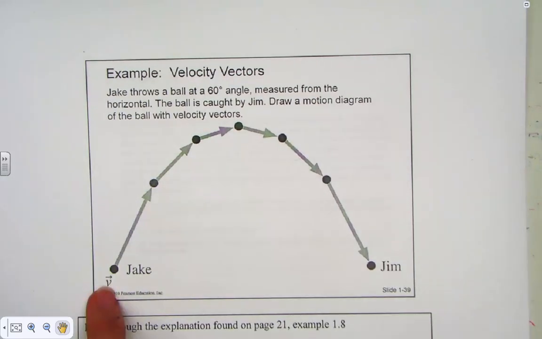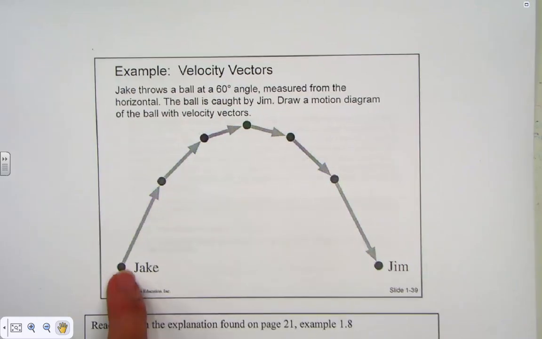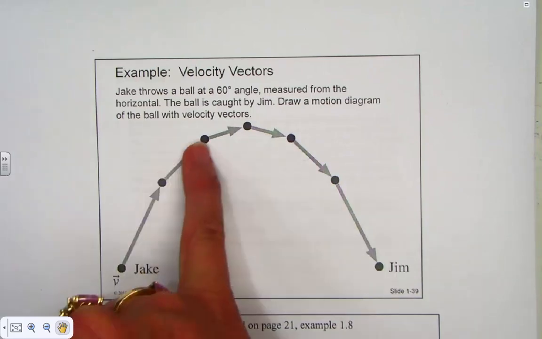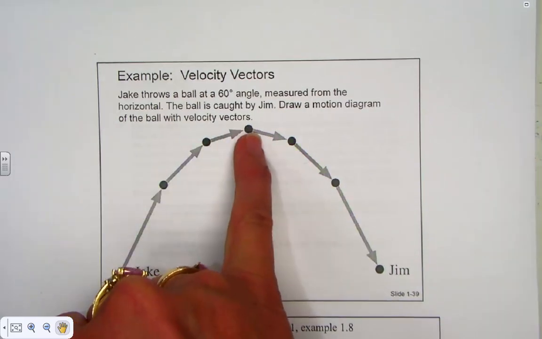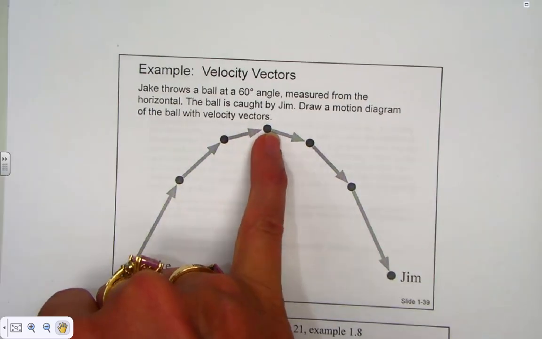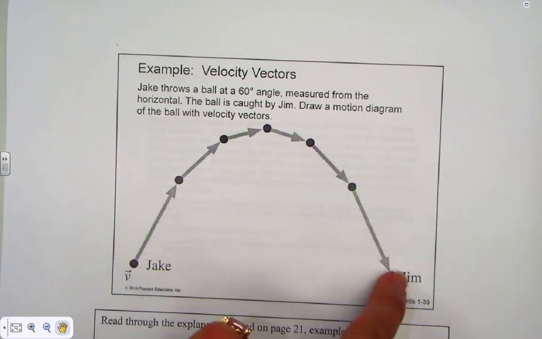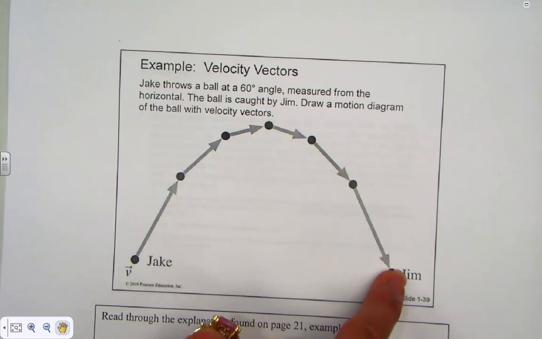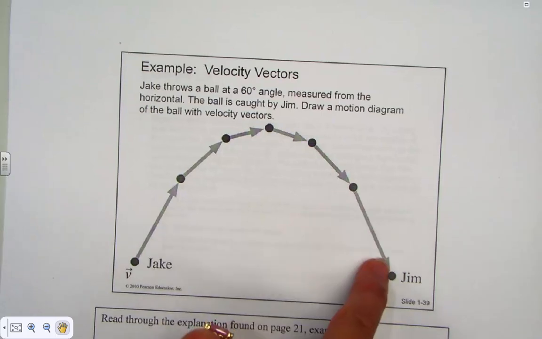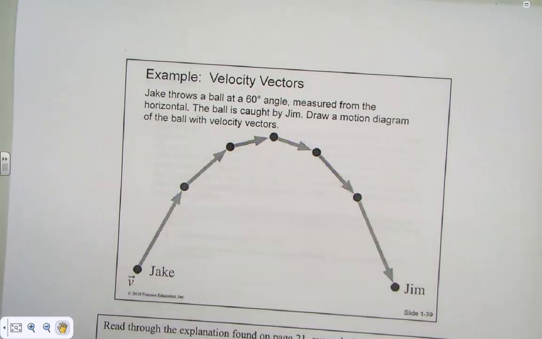Jake represents a certain velocity, 60 degrees, kind of north of east, if I think of the point of origin. He throws the ball, and we begin to see that it slows down until it reaches the peak of the arc. Then it begins to accelerate as it heads towards the earth. Velocity vectors just showing a motion diagram of a projectile.